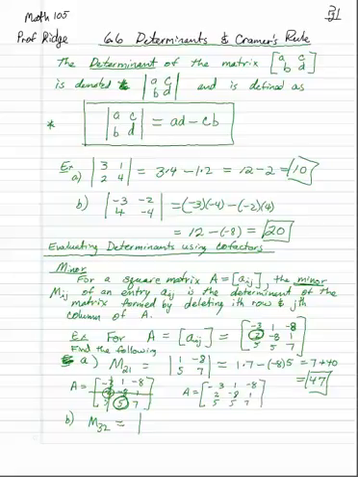You don't have to rewrite this, I'm just doing it for your notes here. M32 is row 3, column 2, so cross out row 3, column 2. What's left over is your minor: 3, 2, negative 8, 1, and we take the determinant of that. So it's negative 3 times 1 minus negative 8 times 2, which is negative 3 plus 16, which is 13.